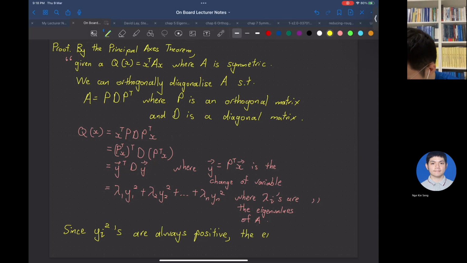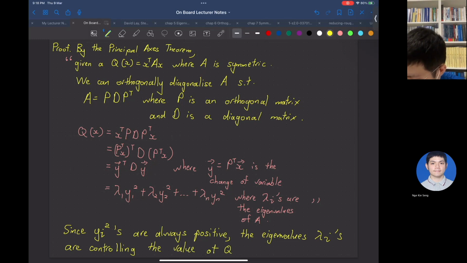the eigenvalues lambda i are controlling the value of Q(x).